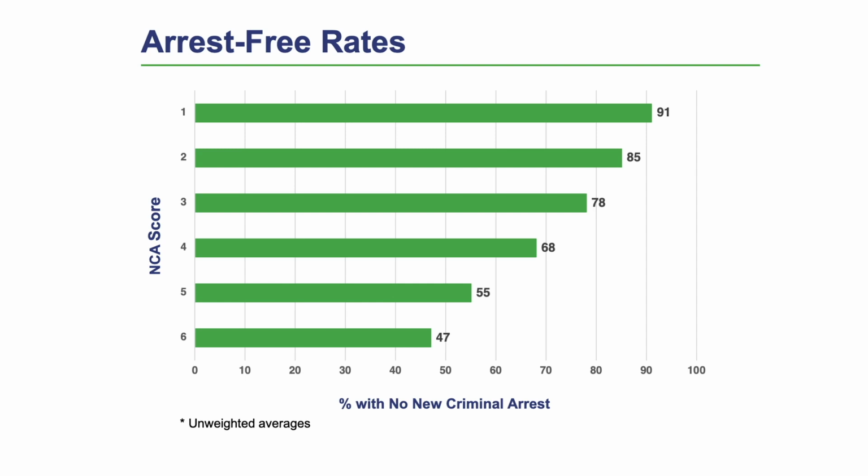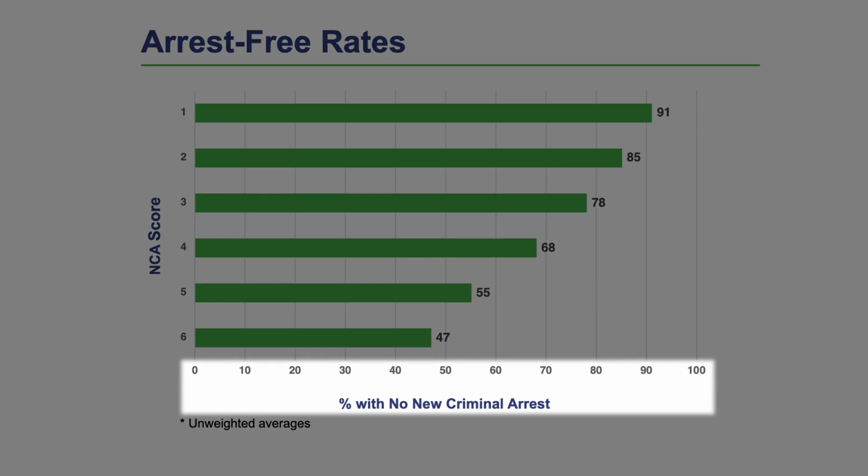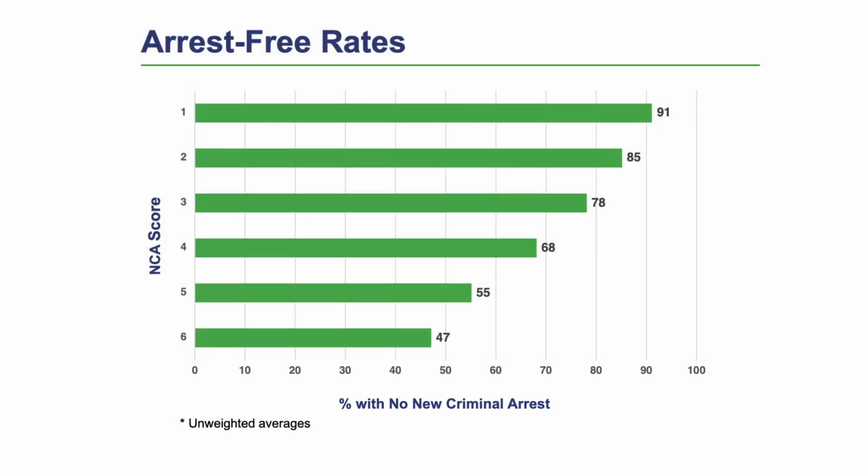Let's now turn to the results for new criminal arrest. This slide shows the NCA scores and the corresponding arrest-free rates from the development and validation data sets. That is the percentage of cases in which the person was not arrested for any jailable offense while on pretrial release.